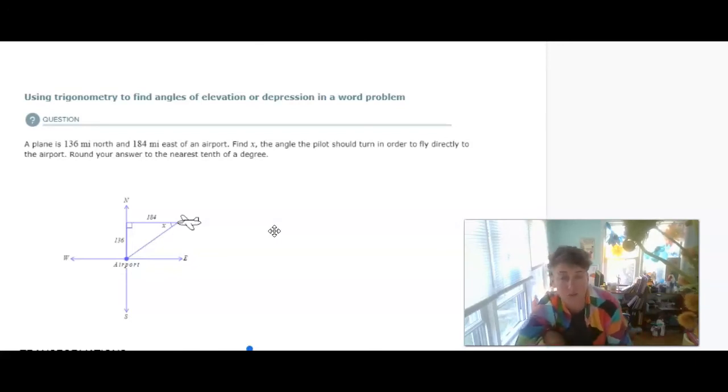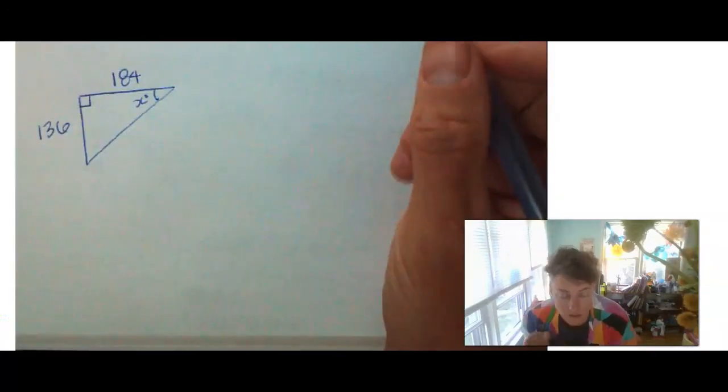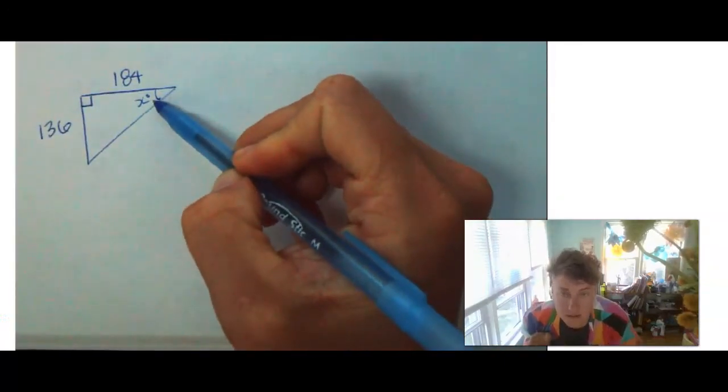Anyway, find x, the angle that the pilot should turn in order to fly directly to the airport. So I'm going to recopy this triangle onto a piece of paper so we can talk about it. It's got 136 right there, 184. We're looking for x. And of course, it's a right triangle because all the stuff that we do with this trig has to have right triangles for this to work. Okay, so we are looking for x.